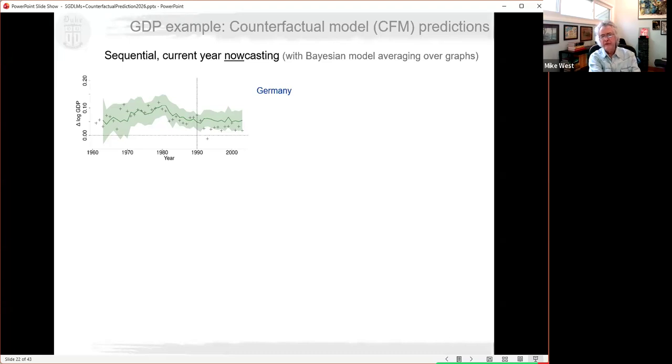Pre-intervention, this is based on all of the data. But the interval and median indicators there are based on forecasting each year based on only the control data in that year. And then we move into the post-intervention period. And of course, we don't know Germany. We don't know Britain. We only know Australia and New Zealand.